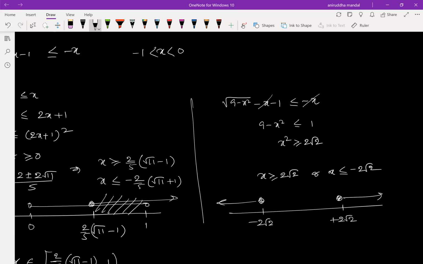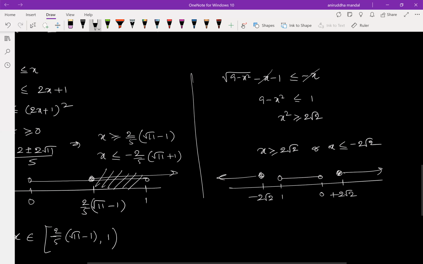So 0 is lying here and 1 is lying here, so we have to check. Here we have no solution, so from this region we get x as no solution.